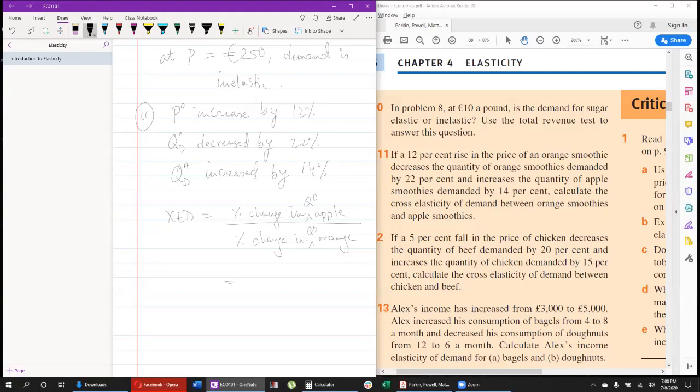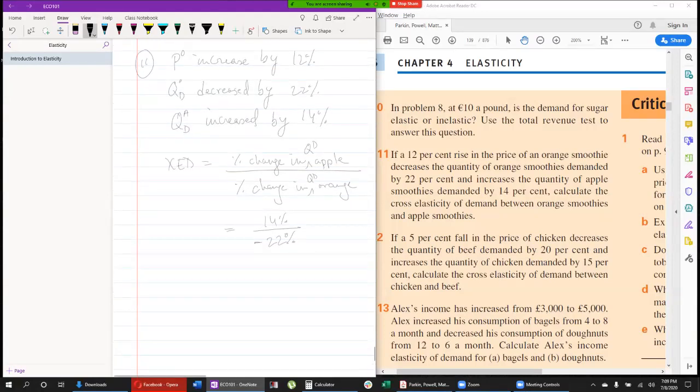So quantity demanded of apples has increased by 14%, and quantity demanded of oranges has decreased by 22%. Let me just read the question again, make sure it's correct. Decrease 22% and increase 14%.